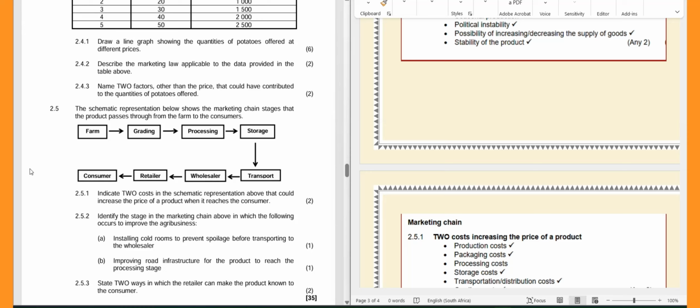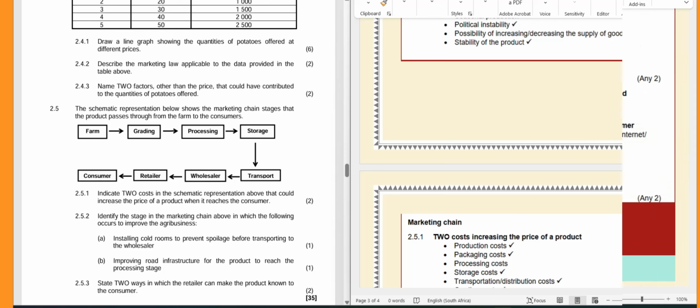Okay, so in that price of cheese, there are the processing costs that have been incurred, right? Hence I say the processing costs. So that means we have the transportation costs, storage costs, or the processing costs. So here they want two, so we can take any of those.